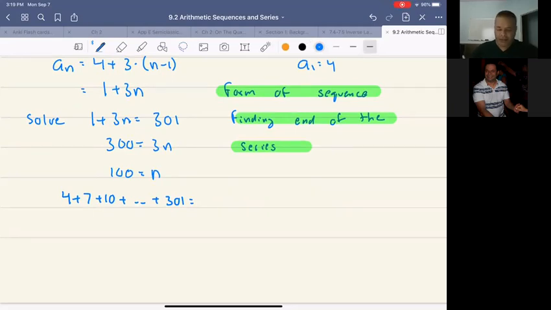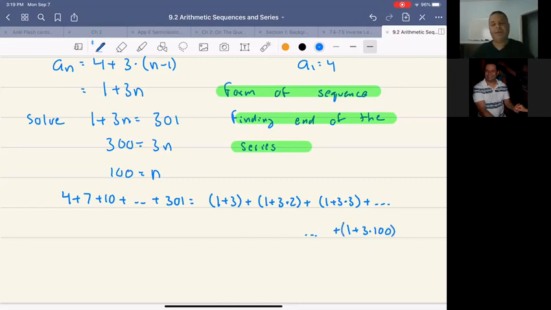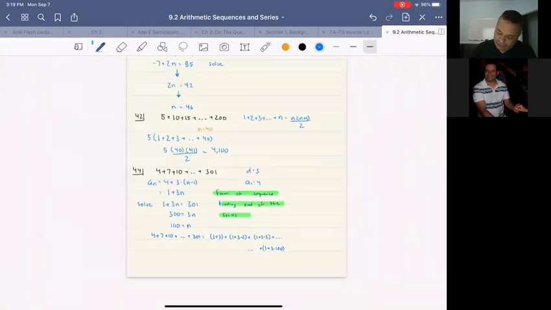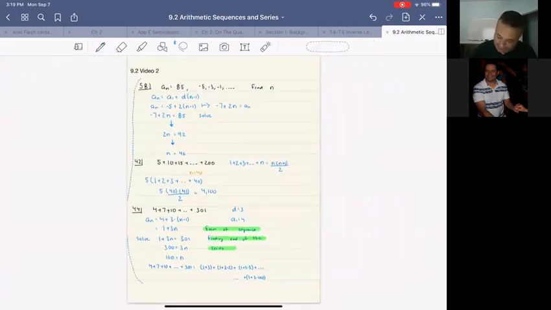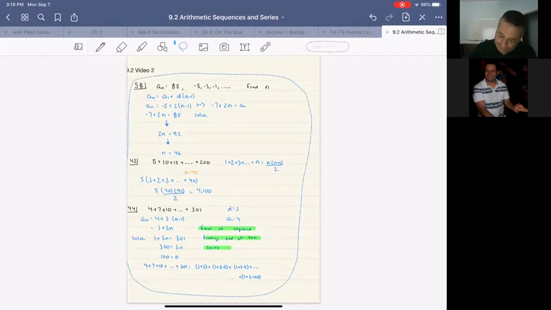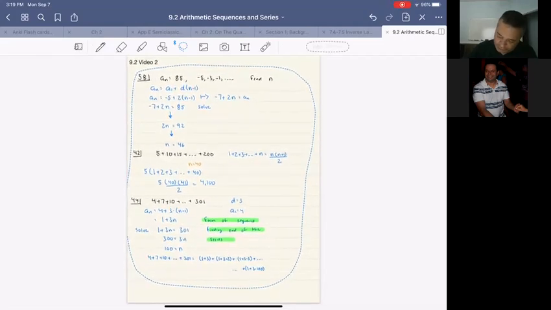We're going to write it as the summation of 1 plus 3 plus 1 plus 3 times 2 plus 1 plus 3 times 3 all the way up to 1 plus 3 times 100. I'm going to move it up.